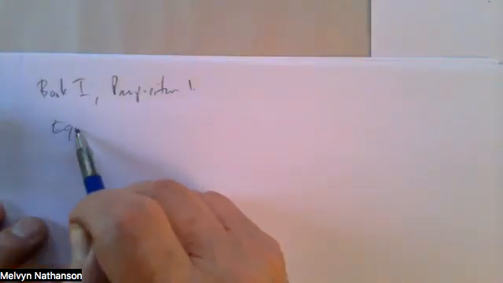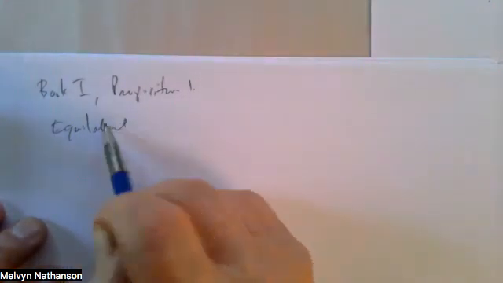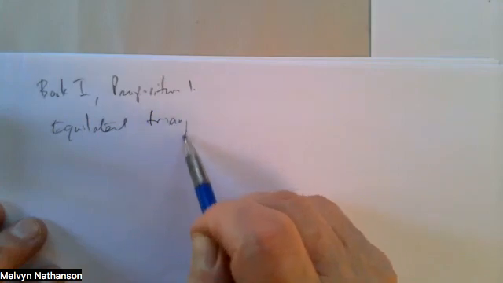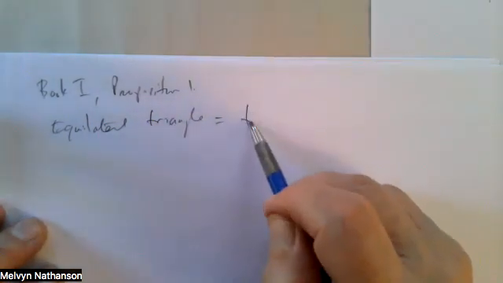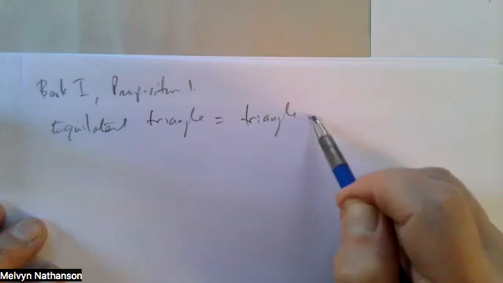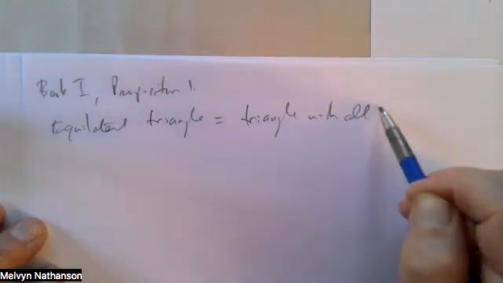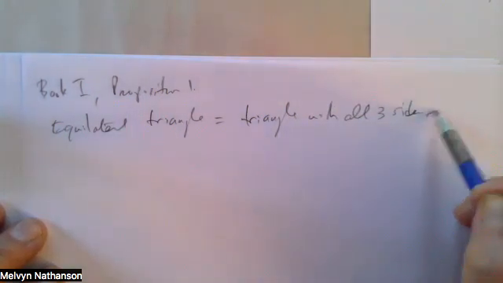So we can define an equilateral triangle as a triangle with all three sides equal.